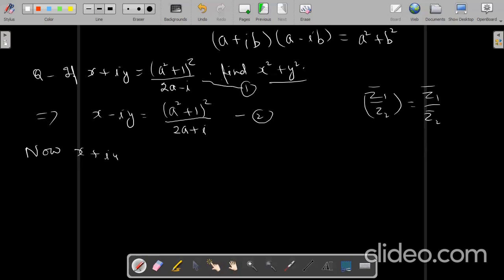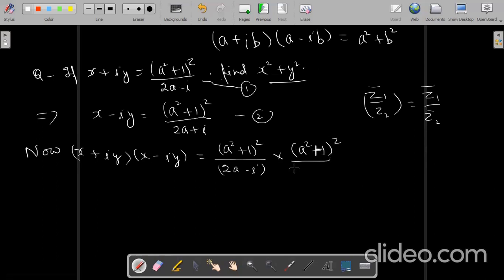On the left side you are multiplying x plus iota y with x minus iota y, and on the right side you have already the values: (a square plus 1) whole square divided by 2a minus iota, into (a square plus 1) whole square upon 2a plus iota. So the denominator is again the product of a number with its conjugate, that is the sum of squares, 4a square plus 1, and the numerator will become (a square plus 1) to the power 4, square times square becoming the fourth power.